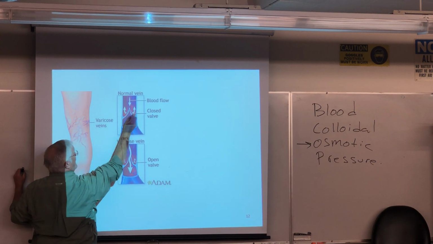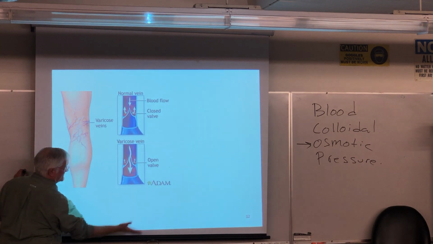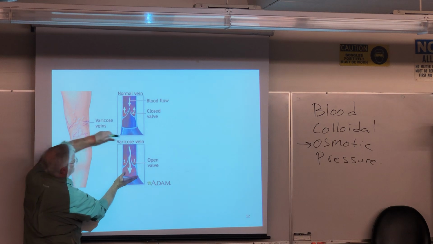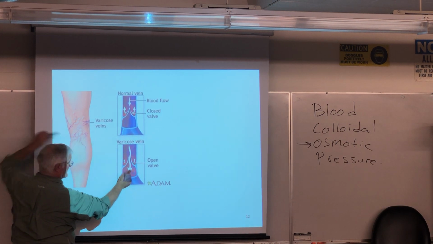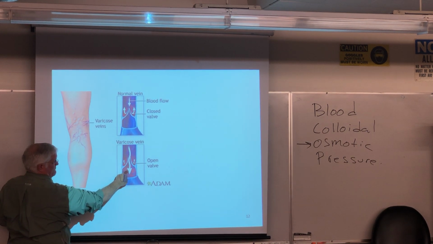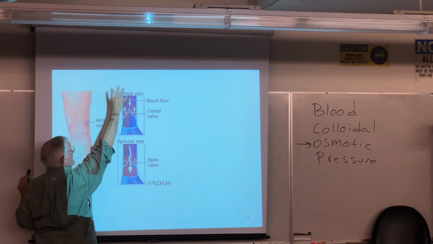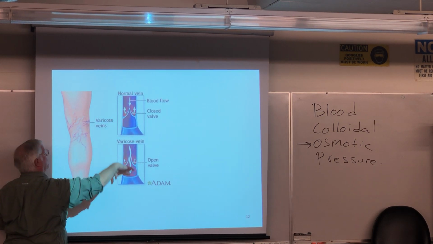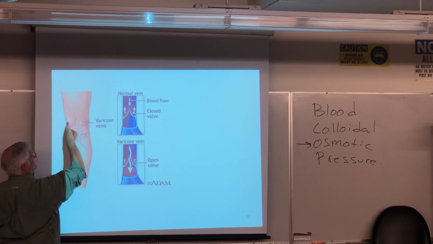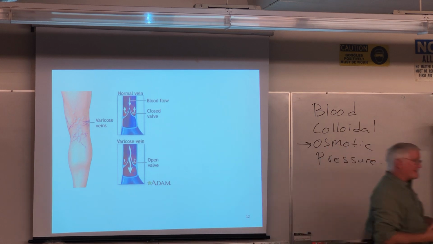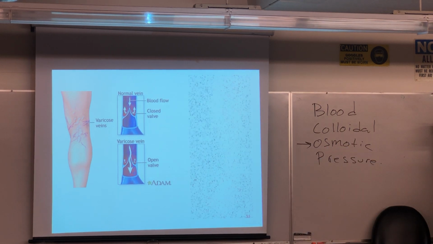But if the valve fails, then as the blood that came from a lower section enters the new section, and the section above it fails, I now get twice the volume in this section. And maybe even more than that if multiple vein valves fail. I get the blood pulling and pooling. And you start getting bulging of the veins because you've now doubled or tripled the volume in that one little segment. So it can look like that.